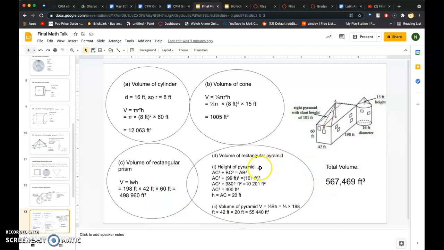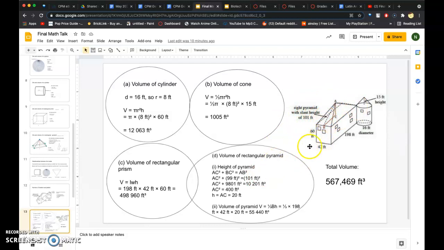Volume of rectangular pyramid. I split this into two parts. First, we have to find the height of the pyramid, and for that, we're going to use the Pythagorean theorem because we know that BC is 99, due to the fact that it's half of the width of the castle, which is 198 feet, and we know that the slant height is 101, which is given to us here.